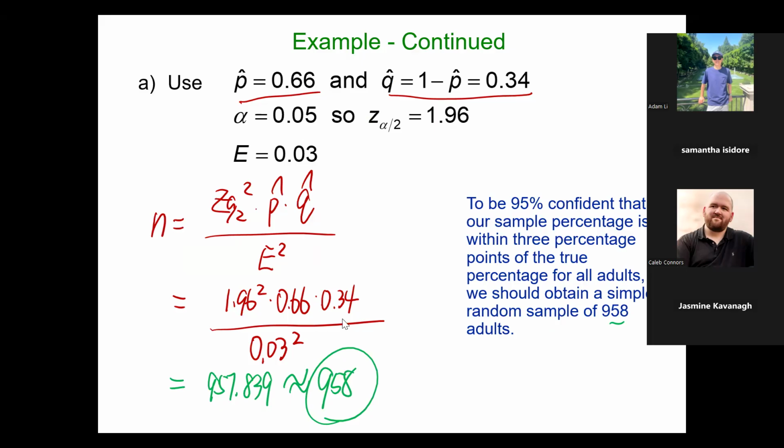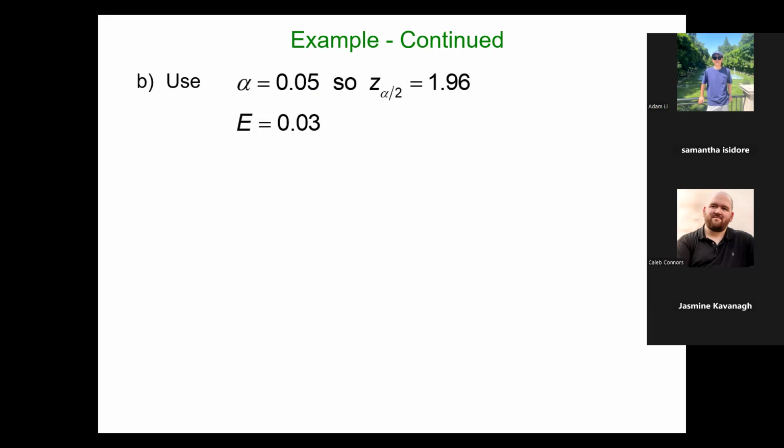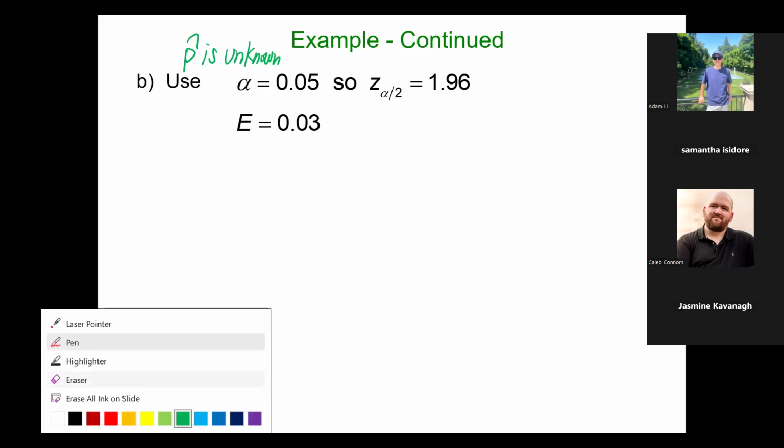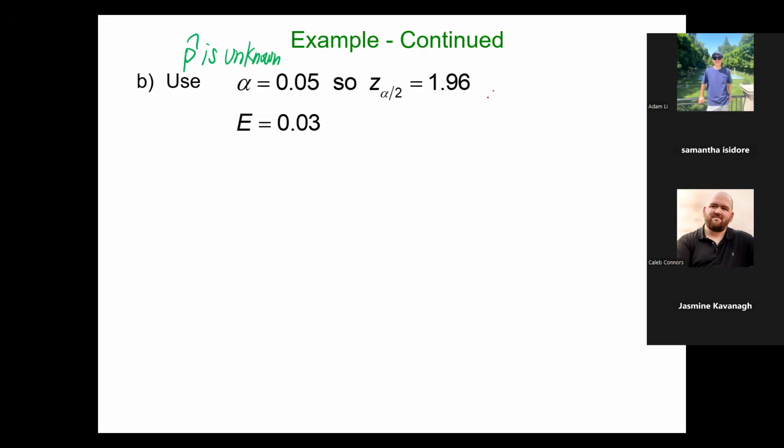And then the second part is when P hat is unknown. Here, P hat is unknown, so P hat and Q hat must both be 0.5.